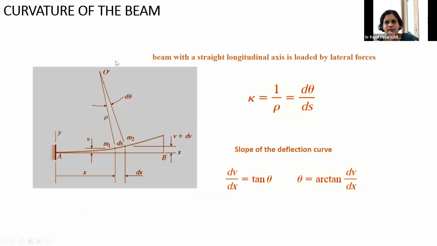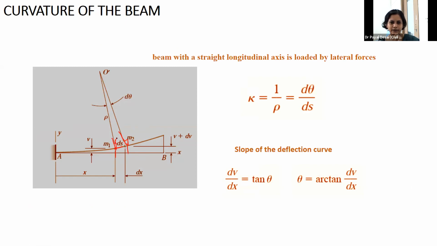So in case of a beam, the radius of curvature is defined, I am just relating both aspects, because it's just a line here, and the radius of curvature is found when you draw the normal to this line. Take any two points on the beam deflection curve and draw the 90 degree normals at the two points.